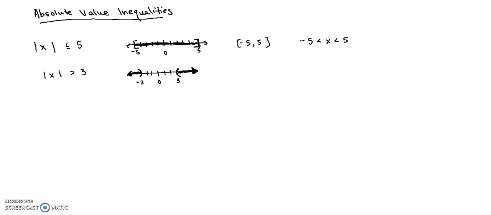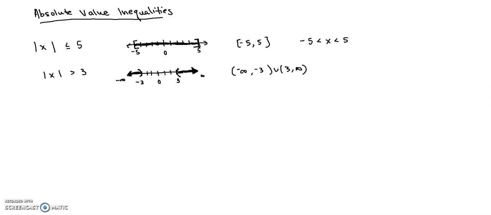Okay, so what do I end up with for this inequality? If you want to write it as an interval, we've got -infinity to -3, not included, and 3 to infinity, not included.